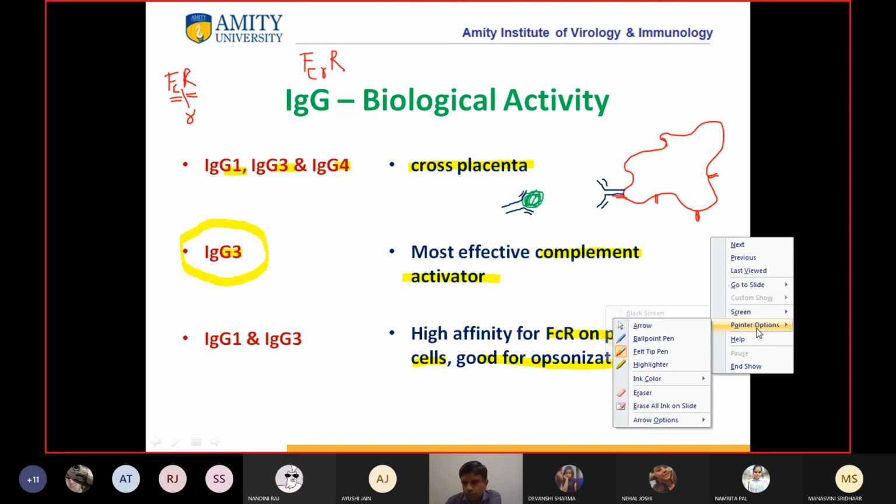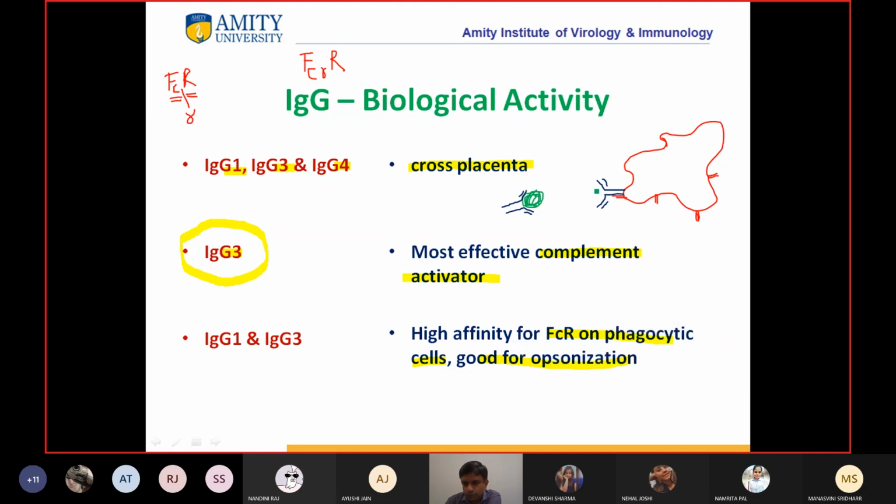Okay, so now this immune complex of antigen and antibody moves towards the phagocytic cell, and this complex binds to the phagocytic cell through the FC region, right?